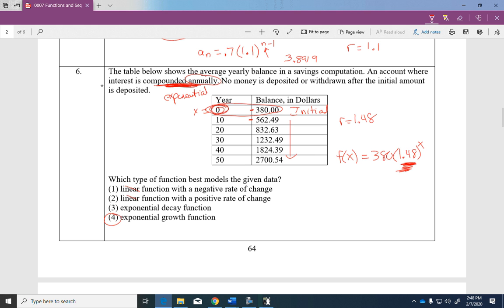I used 1.48 when what we saw on my calculator was a bunch of other stuff after it. So this is close enough to what's happening in the table. I just wanted to go through that in case there's a question on your test where a real life situation occurs and you have to write your function.